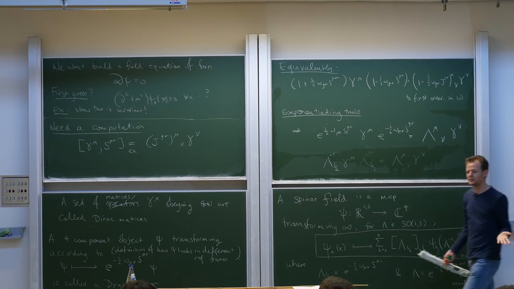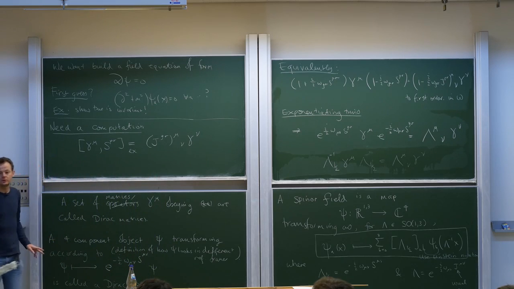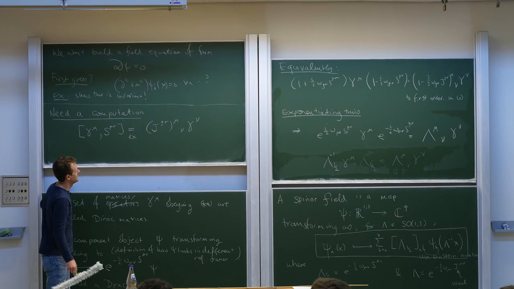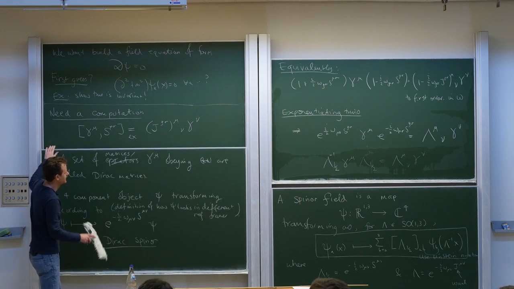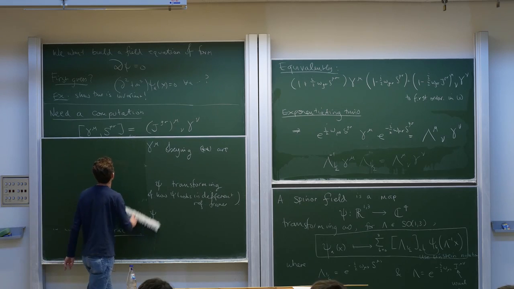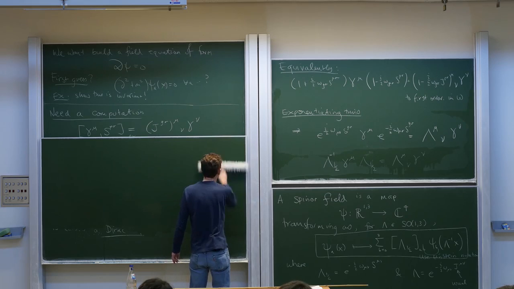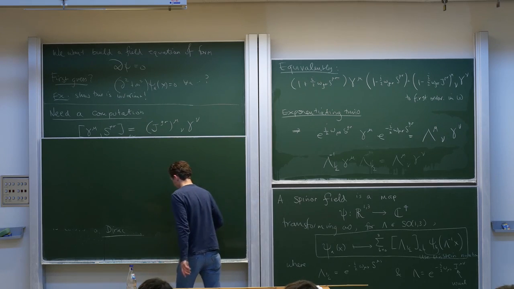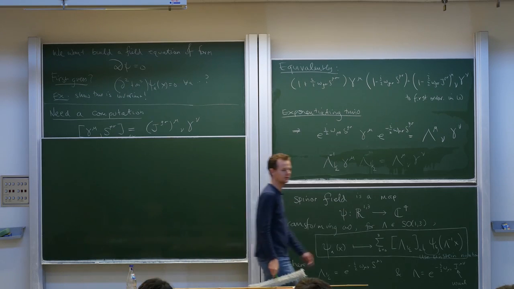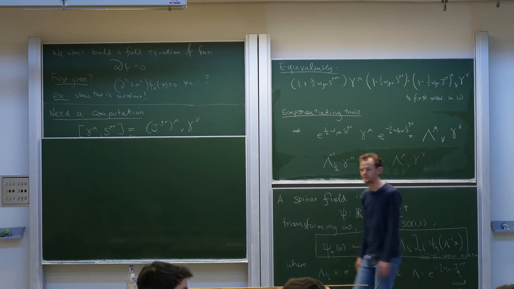Because once you've got a vector, if you can contract it against another vector, you get an invariant object. And it just so happens that the differential operator d mu transforms just about the right way.